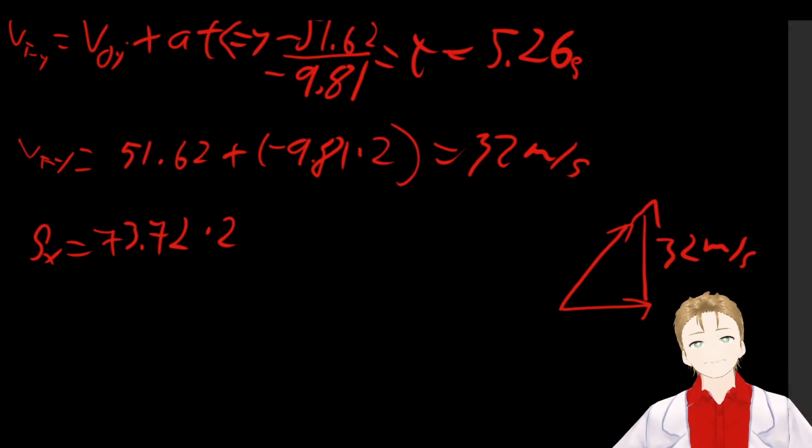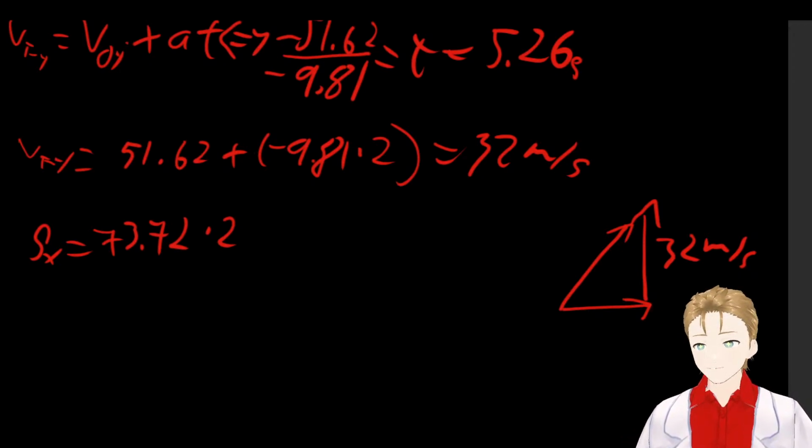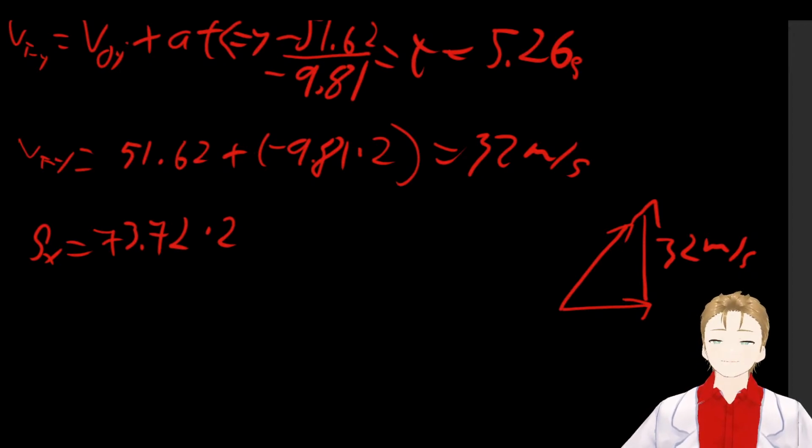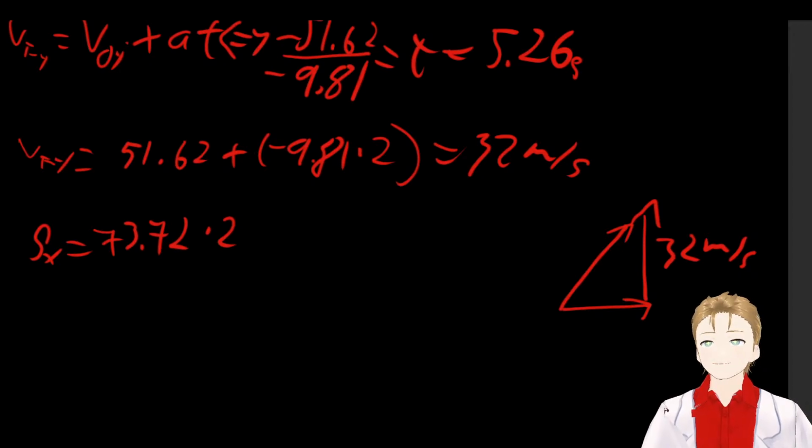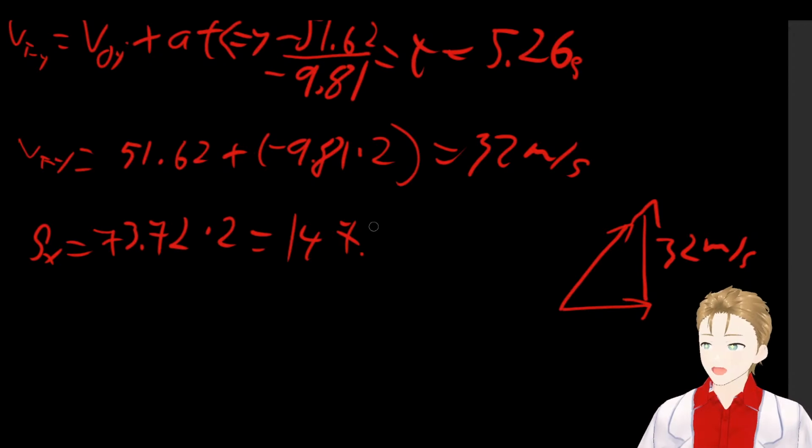What was the kinematic formula again? 72 times 2, 147.44 meters.